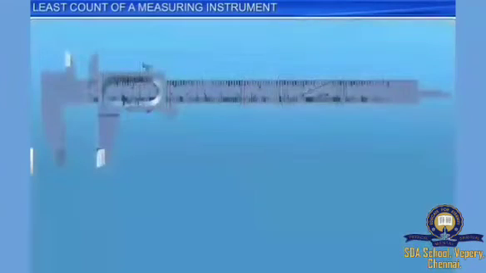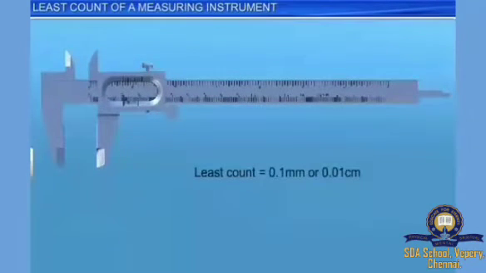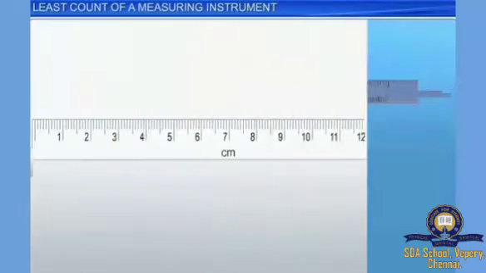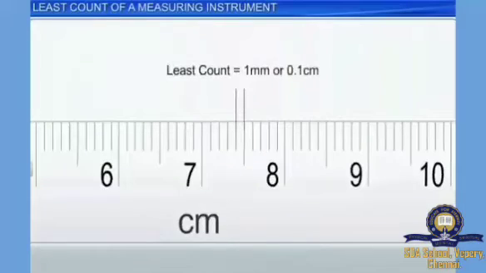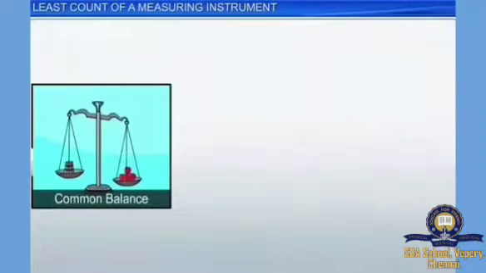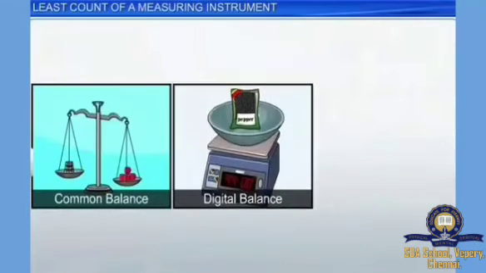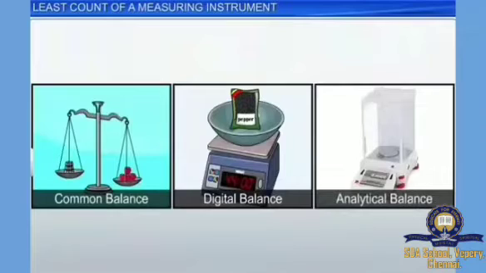The vernier caliper can measure up to 0.1 mm or 0.01 centimeter, while the plain scale or the ruler can measure up to 1 mm or 0.1 centimeter. The devices that are used to measure mass are the common balance, digital balance, and analytical balance.